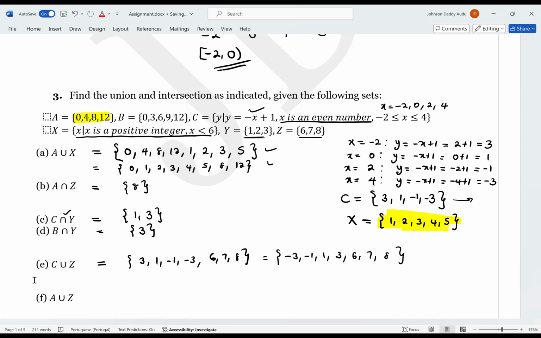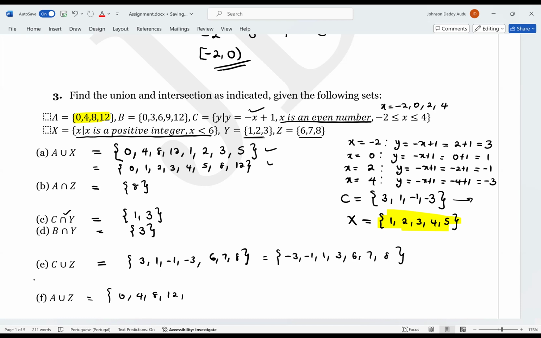Now, finally, A union Z. I thought we did A union Z before. Okay, no, it was intersection. So A union Z means take the whole of A, 0, 4, 8, 12, and add the whole of Z, but there is no repetition.